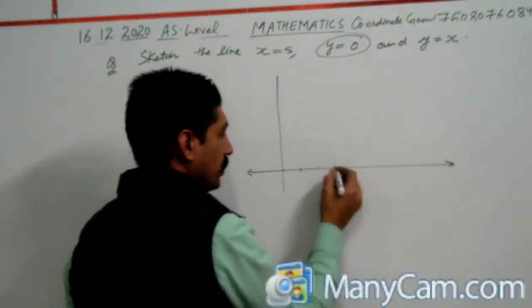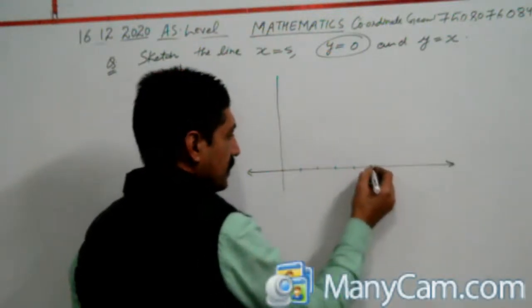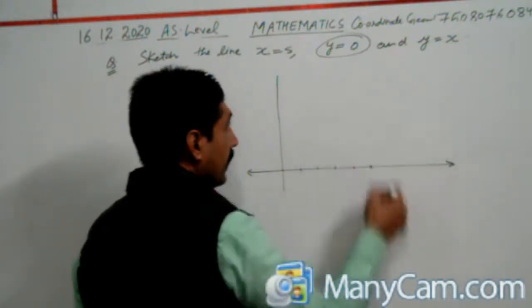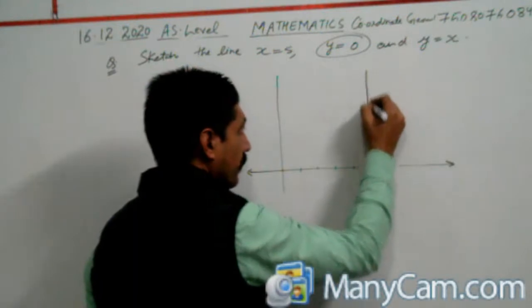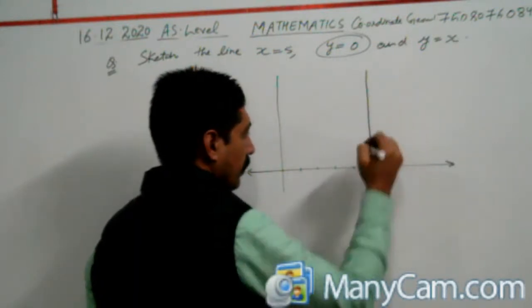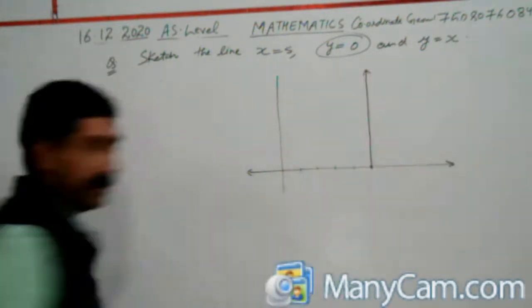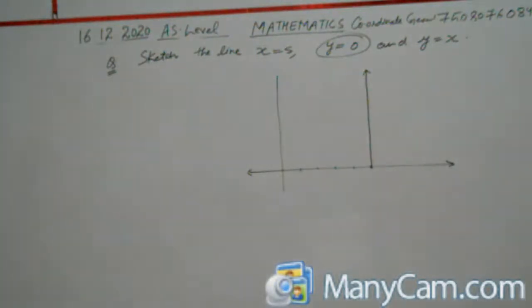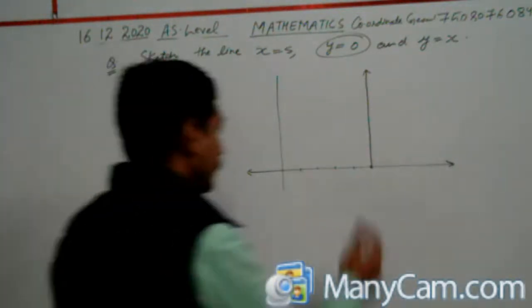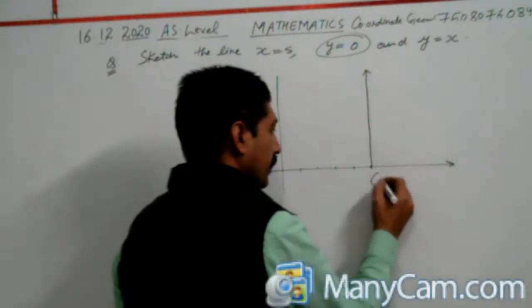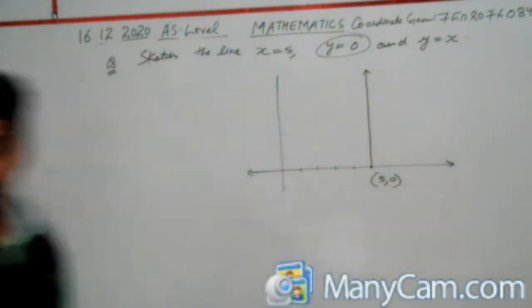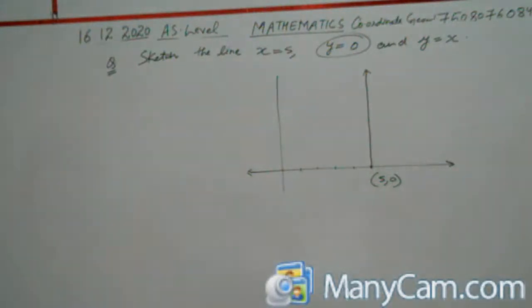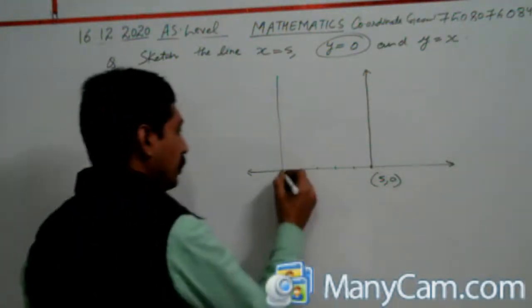1, 2, 3, 4, 5. This line is the line x is equal to 5, right? This is the equation of a line parallel to the y-axis. Here the point is 5, 0, and one more line, that is y is equal to x.